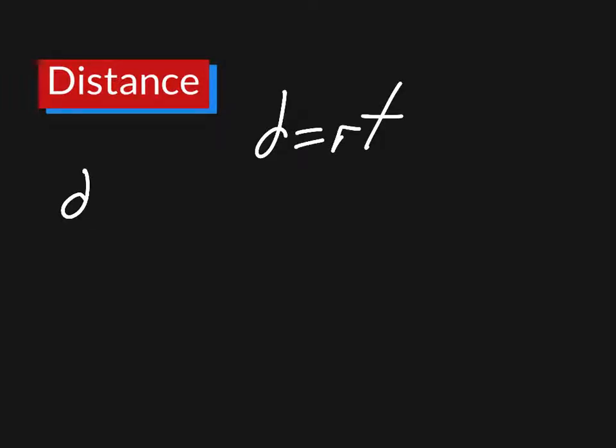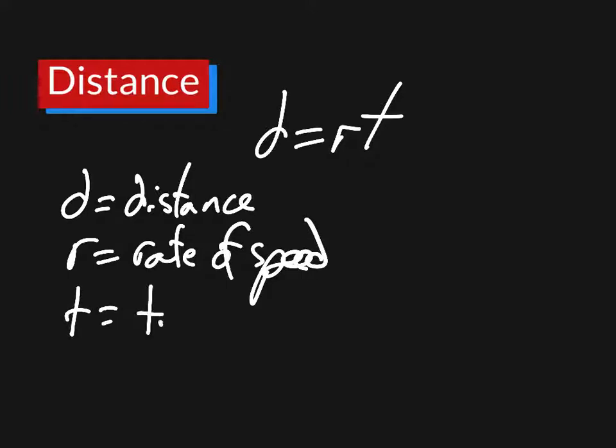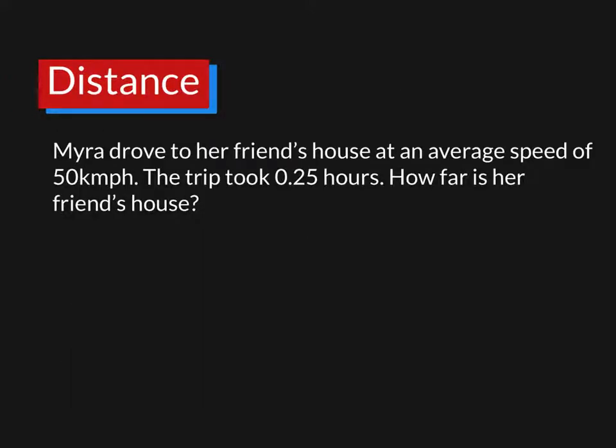So d is distance, and r is rate of speed, and t is time. So again, these things are variables because what numbers go in there would depend on the problem.